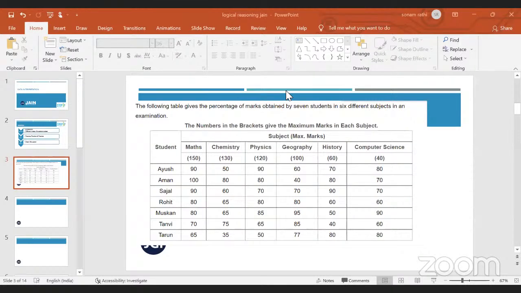Everyone, please note down this table. Done noting?